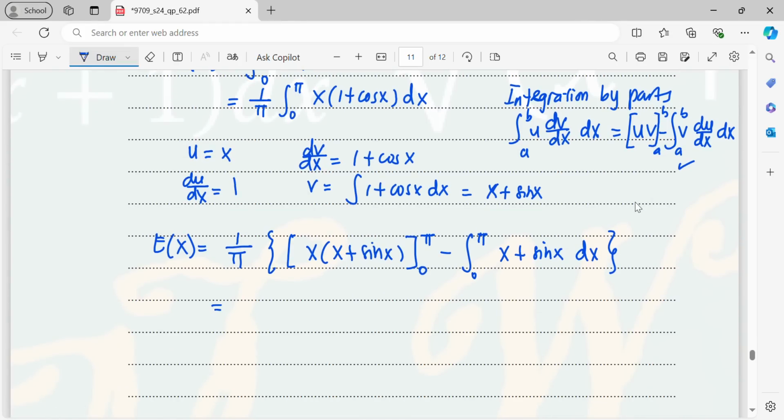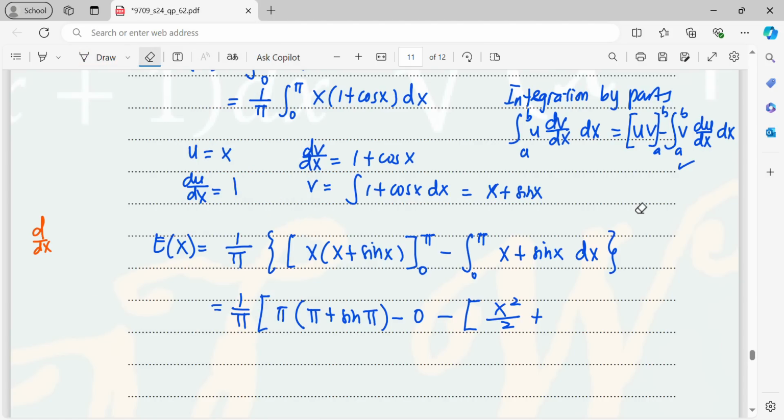So now when we replace the values, firstly, the pi. So you will get pi times (pi plus sine pi) minus, when x is 0, everything is 0, minus, integrate x, that will be x squared over 2. Then integrate sine x. Now, for your information, differentiate cos x is minus sine x.